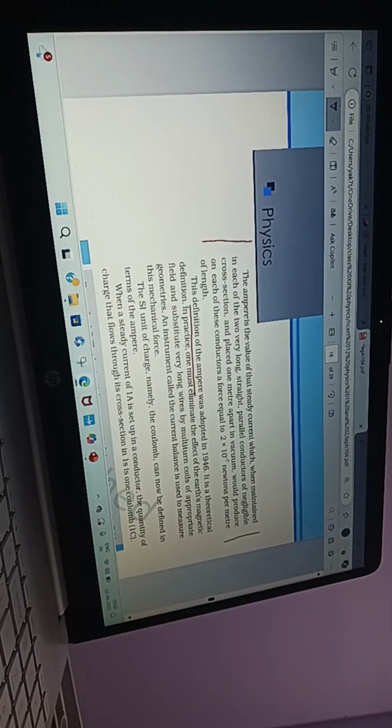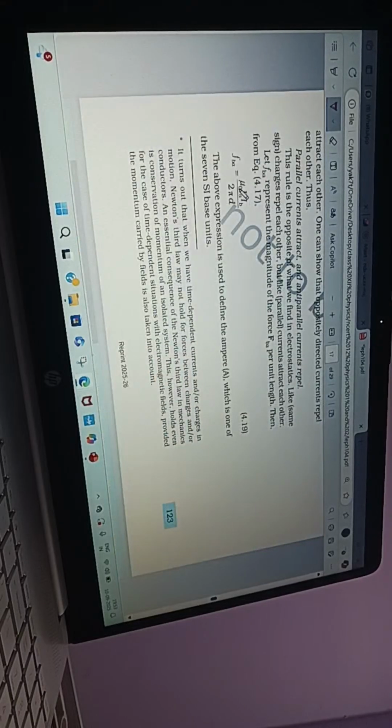The ampere is the value of that steady current which, maintained in each of two very long straight parallel conductors of negligible cross section placed 1 meter apart in vacuum, would produce on each of the conductors a force of 2 into 10 to the power of minus 7 Newton per meter of length.